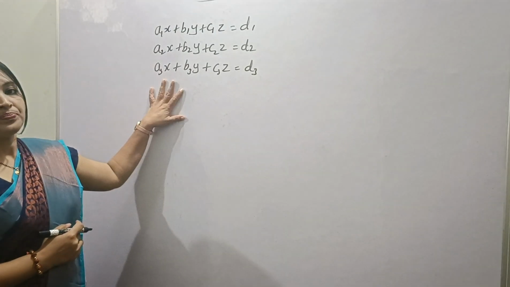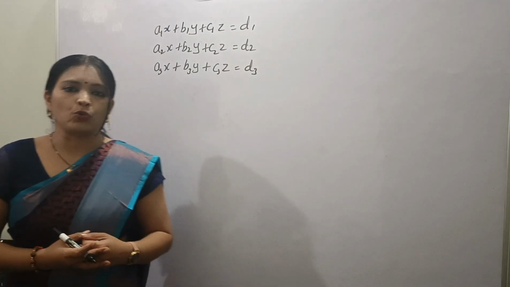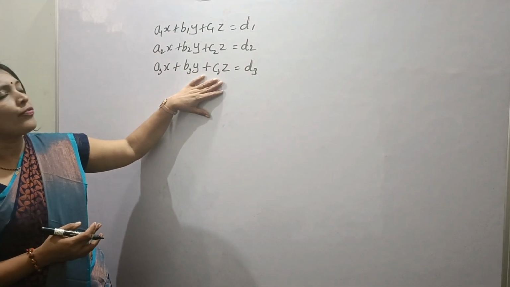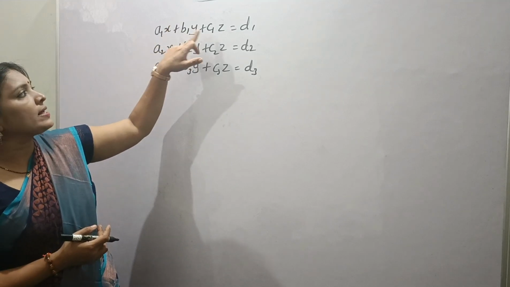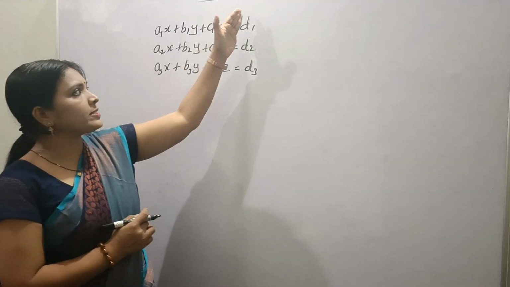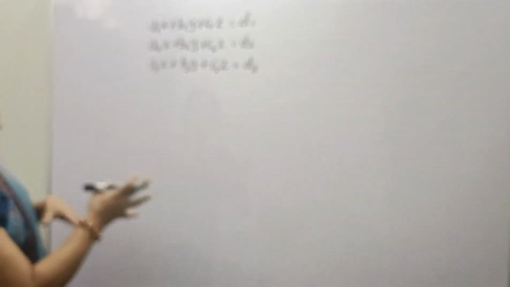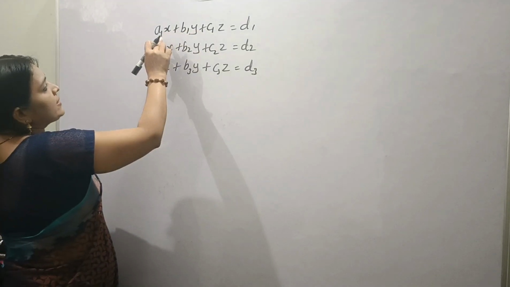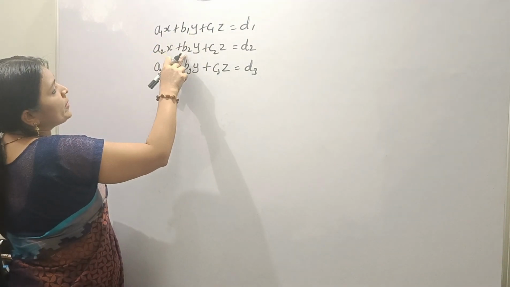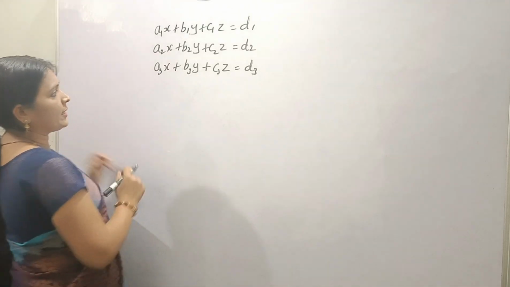Here three linear equations in variables x, y, z, and constants d1, d2, d3, and the coefficients of x, y, z are a1, b1, c1, a2, b2, c2, a3, b3, c3.